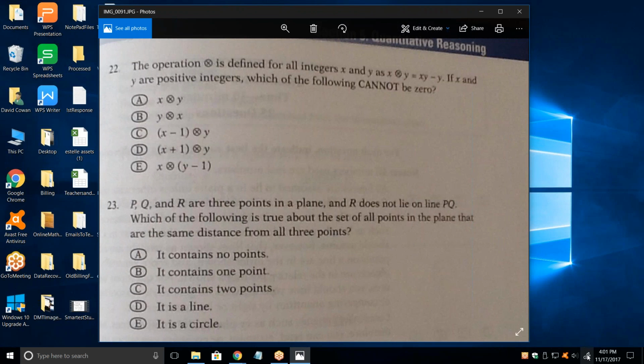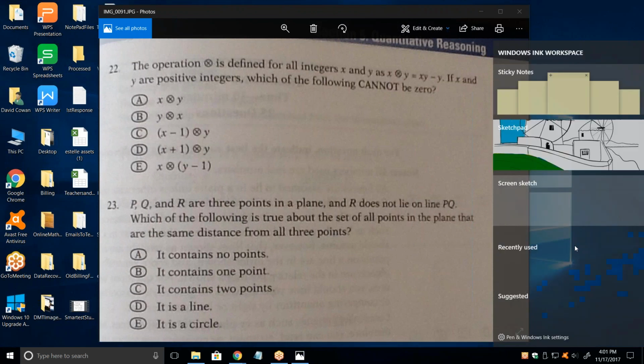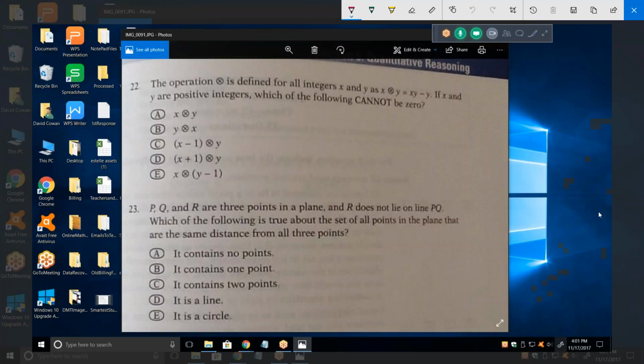What is that symbol? Well, operation. Yeah, that means basically they're inventing a symbol to mean something. It's like inventing a function, and these are very common problems on the SAT.